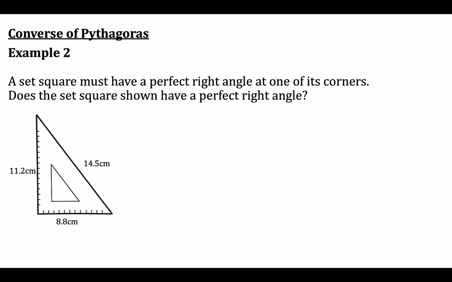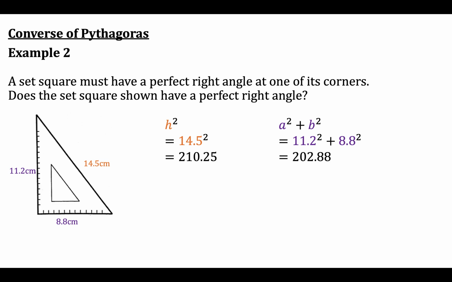We can see where your hypotenuse might be if this was right angled would be the 14.5, and our other two sides 11.2 and 8.8. So let's take what would be our hypotenuse and square it. So 14.5 squared gives us 210.25. The other two sides is going to be 11.2 squared plus 8.8 squared, and that gives us 202.88.